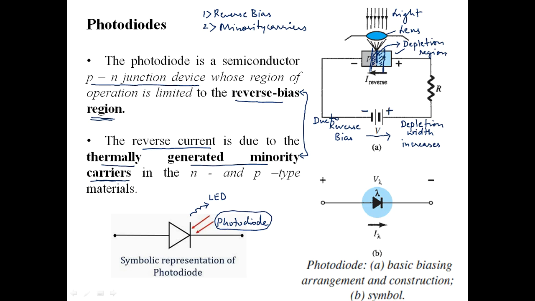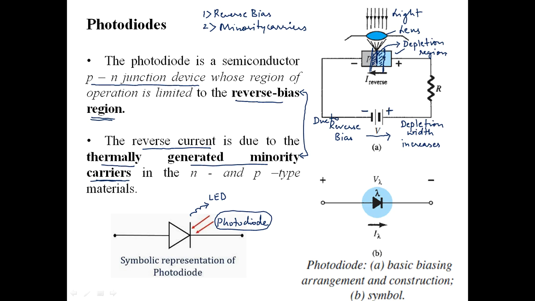However, when light falls, what do we mean by light? We are trying to pass some energy, photonic energy, into the depletion region. So what does that mean? That means the light energy gets transferred to the crystal structure of the depletion region, due to which some of the crystal bonds break, and when they break, it results in the generation of minority carriers.